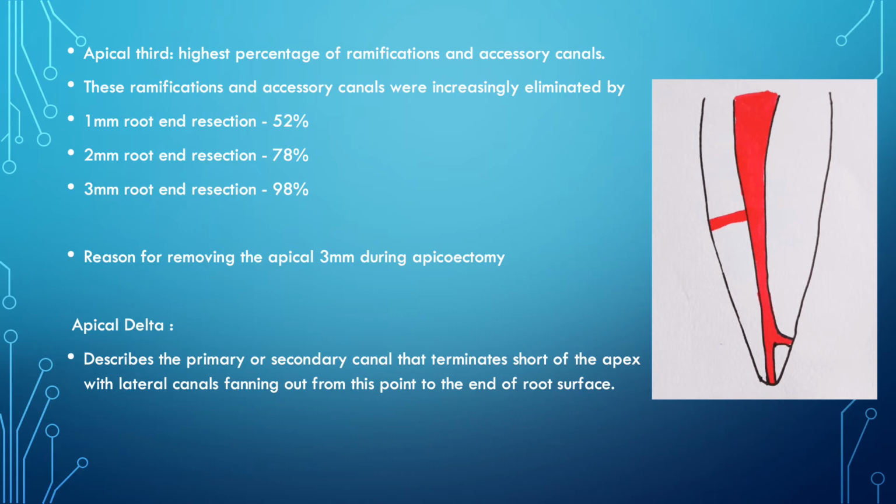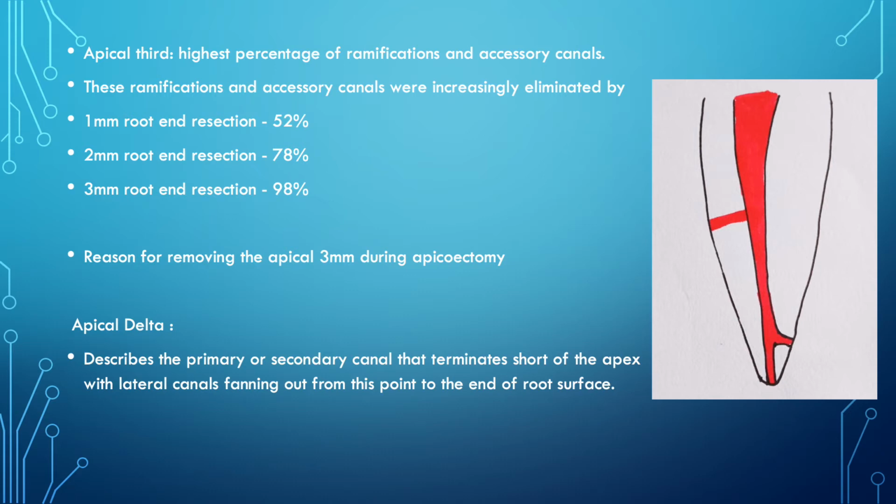The reason is that studies have shown that 1 mm of root resection will include only about 52% of ramifications and accessory canals. In 2 mm of root resection, only about 78% of accessory canals and ramifications can be included.